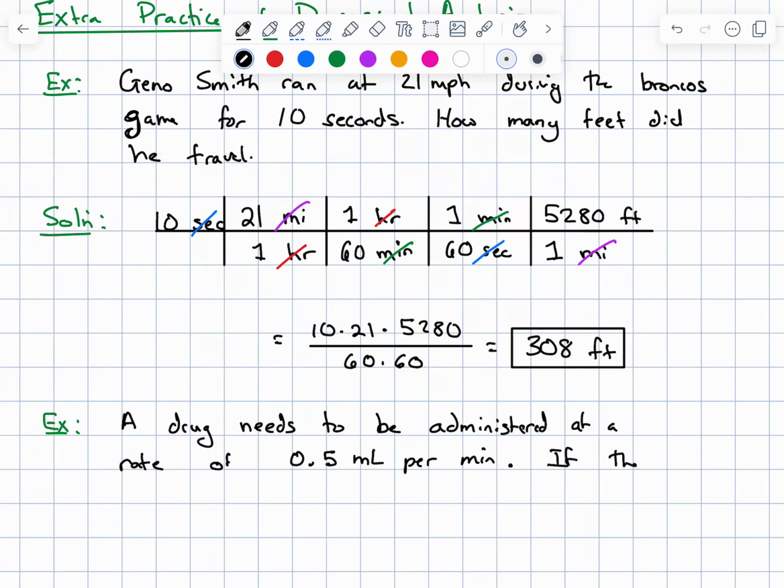If the patient needs 8 fluid ounces, how long will this take?